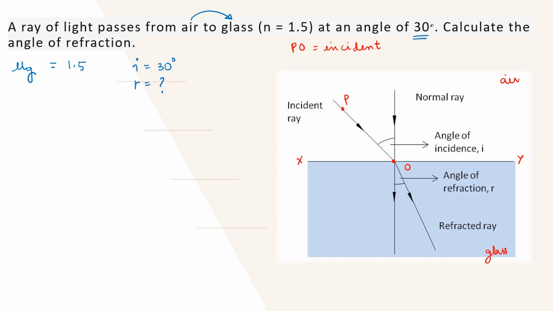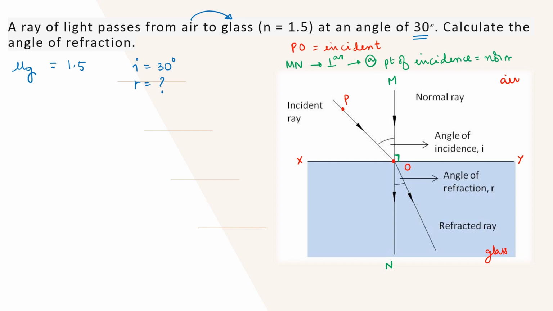Now in order to write the angle of incidence, we need to draw an imaginary line. The imaginary line is drawn in such a way that it is perpendicular to the interface at the point of incidence. That is very important. This imaginary line MN, which is perpendicular to the interface at the point of incidence, is called the normal.